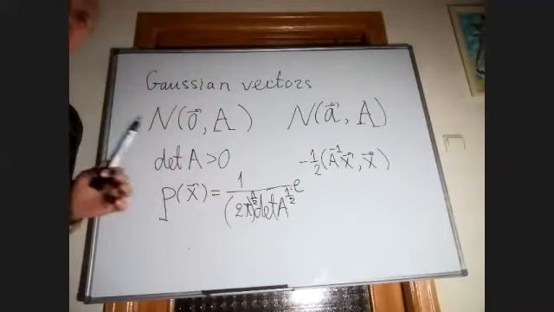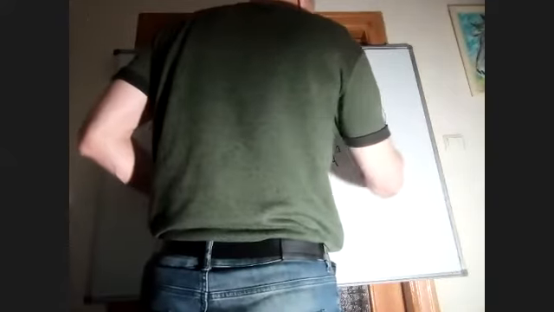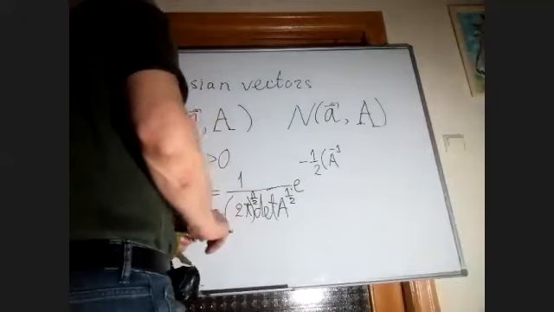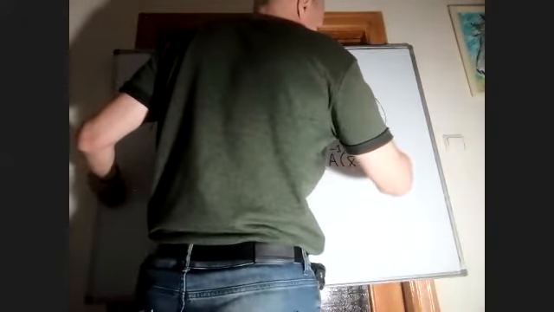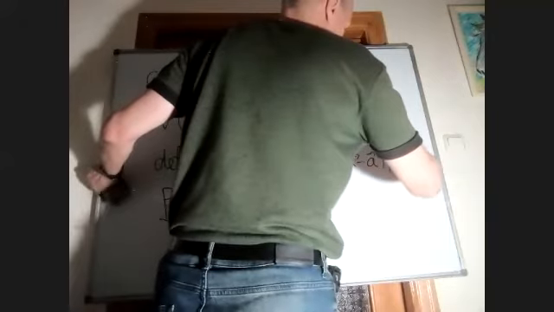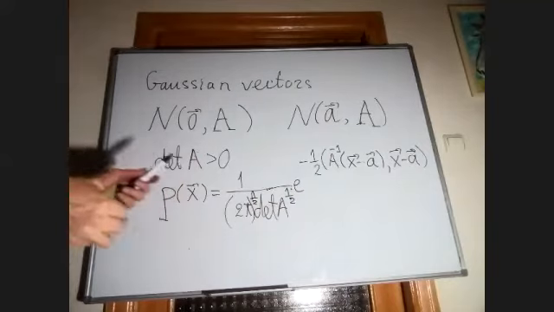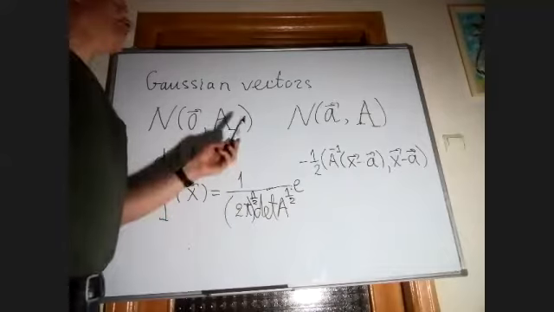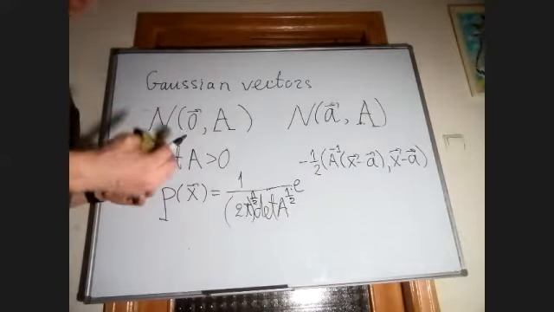I will make these small changes just by erasing the previous ones, and we will see that we have here x minus a, x minus a. From this point of view, one can see that the distribution of this vector and this vector are equivalent.